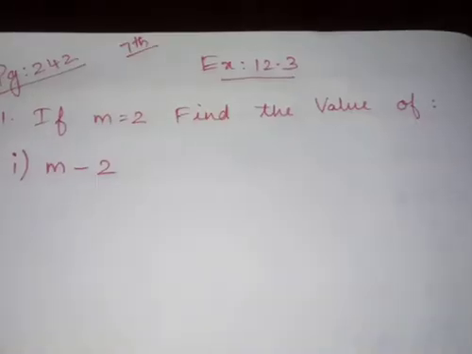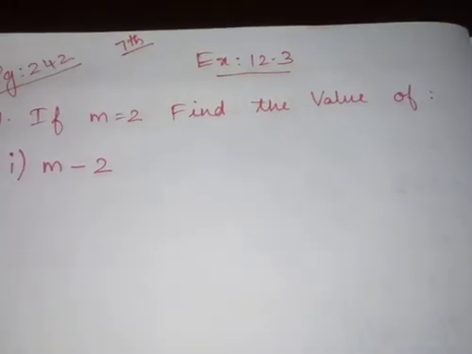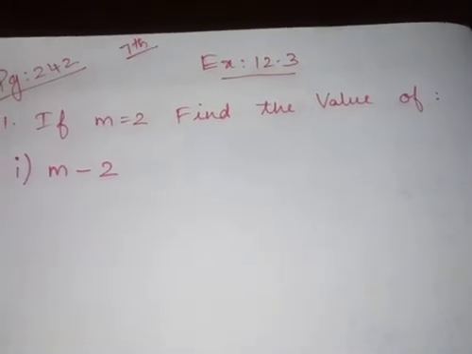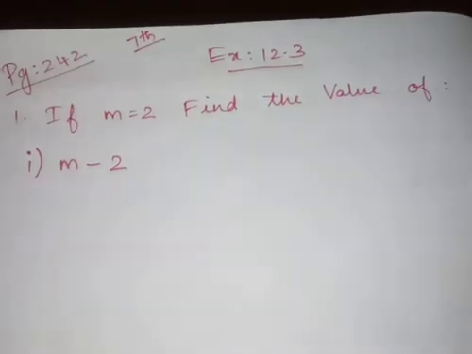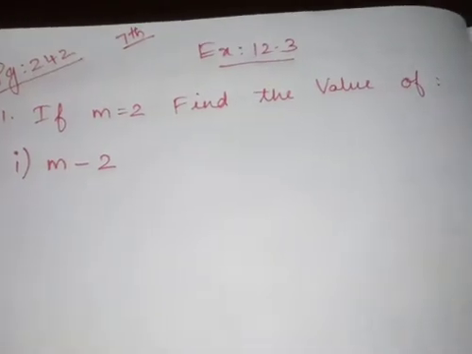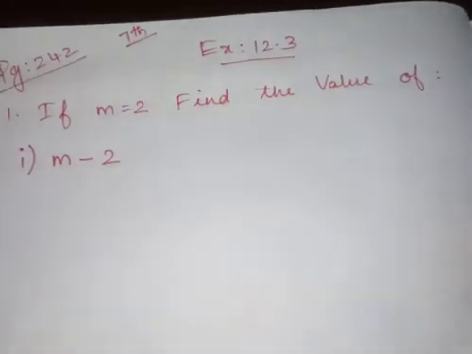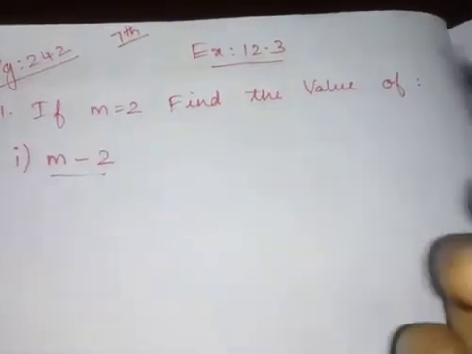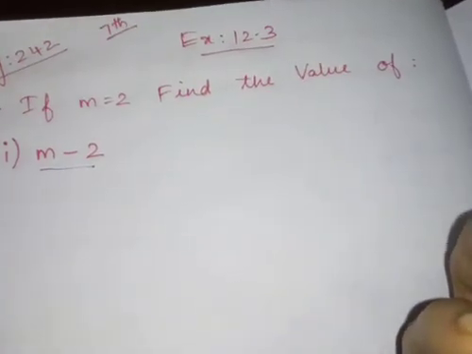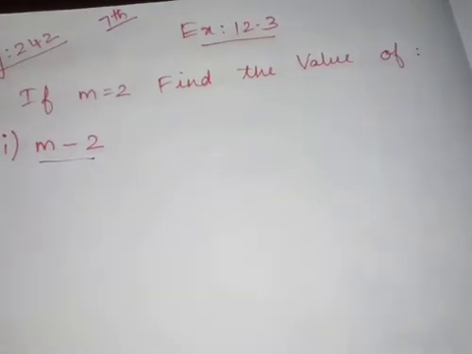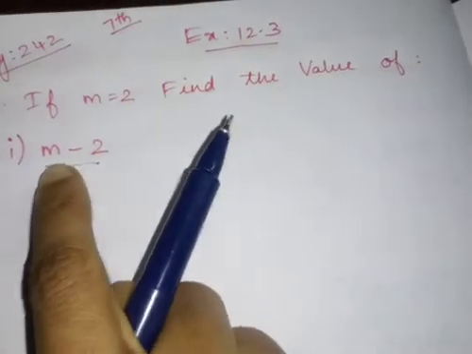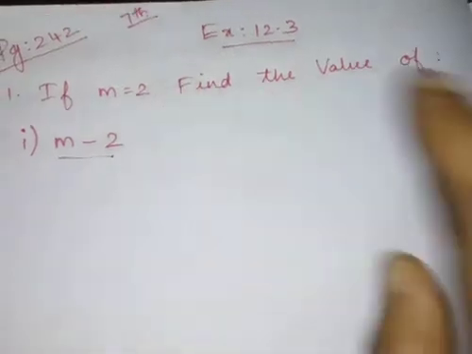Next we come to exercise 12.3, which is on page number 242. First problem. If m is equal to 2, find the value of m minus 2. Actually, m minus 2 is nothing but the expression, right? We are supposed to find the value of this expression when m is equal to 2.